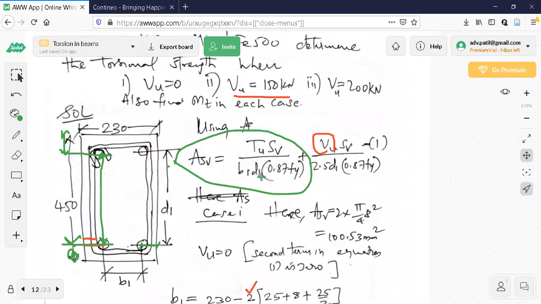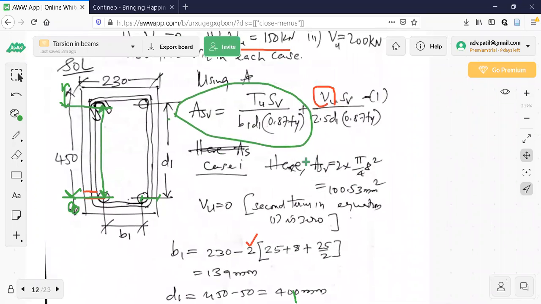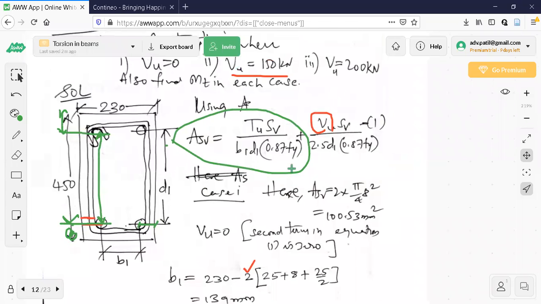If VU is 0, what will happen to this formula? The second term will be 0. VU is 150, second case, everything will be there. You are trying to find out TU in this formula. What you are trying to find out here in the analysis problem is the TU value. The rest you know. The rest is all given from the figure. You can make out everything else.